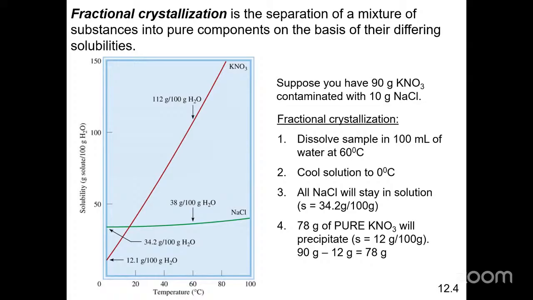You try your best to separate as much as you can, or all of it, from the mixture, whatever component you're trying to isolate, but you just can't succeed. You'll probably succeed in isolating most of it, but not all of it. So that's one limitation that we simply have to live with. Okay, so that's fractional crystallization.